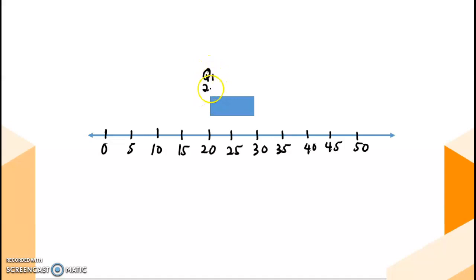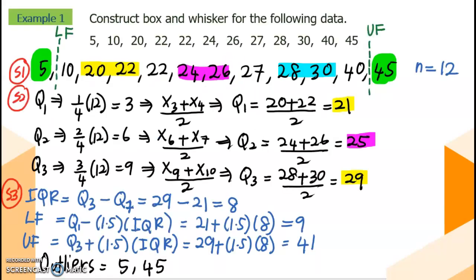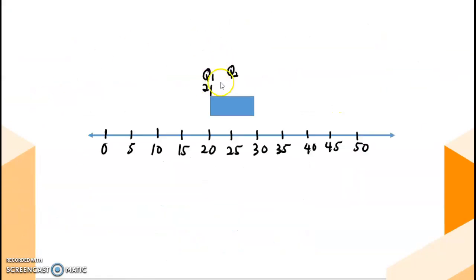Q1 is 21. Our Q2 is 25, and 25 will be here. And Q3 will be 29. We're done with our box.